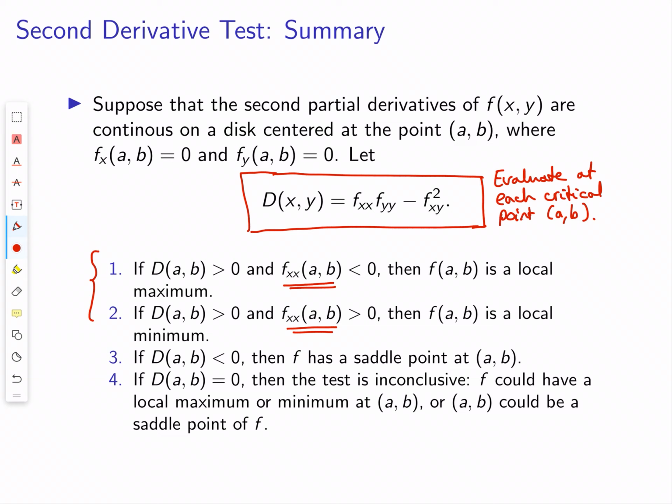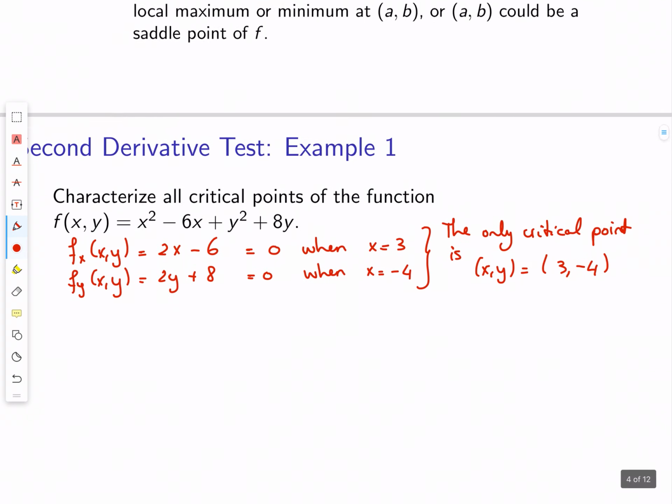If you found out that D at the critical point was less than 0, then you're in case number 3, and then you can conclude that the critical point is a saddle point. And in the few unfortunate situations where D evaluates to be 0, unfortunately the test is inconclusive. You could have either a local max or a local min, or you could have a saddle point.